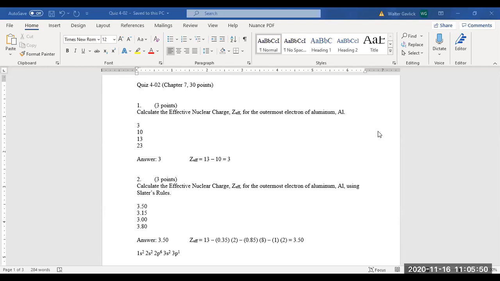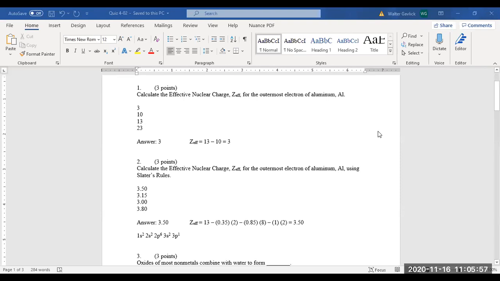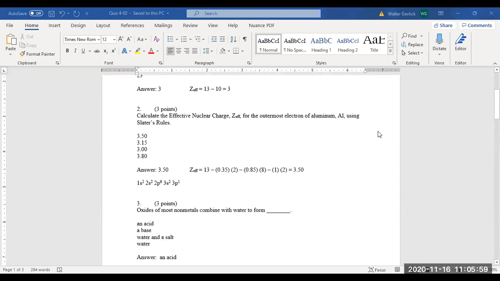The second question is, once again, calculating the effective nuclear charge for aluminum, but this time using Slater's rules. Similar to before, you have the atomic number 13, and then to apply Slater's rules, you look at the electron configuration for aluminum: 1s2, 2s2, 2p6, 3s2, and 3p1. Then we apply those rules.